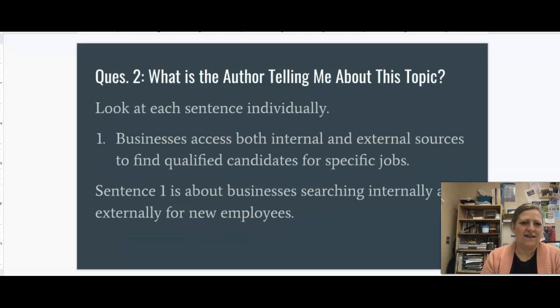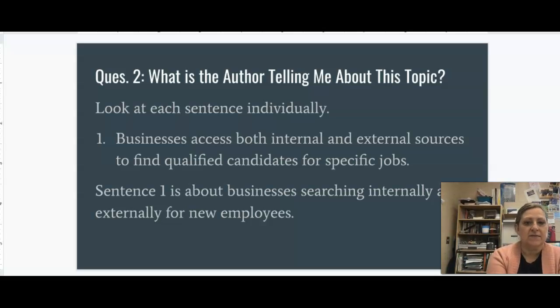All right. We're going to look at each sentence individually and talk a little bit about it. So the first sentence was businesses access both internal and external sources to find qualified candidates for specific jobs. Internal means within the company already, somebody who already works there. External, EX is the prefix for that, means outside the company coming in.